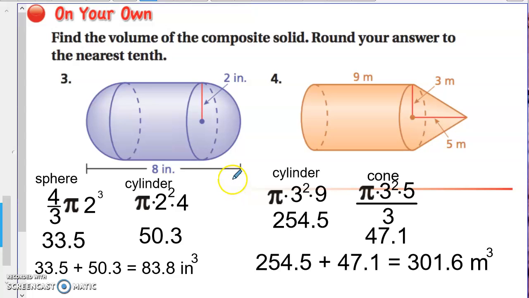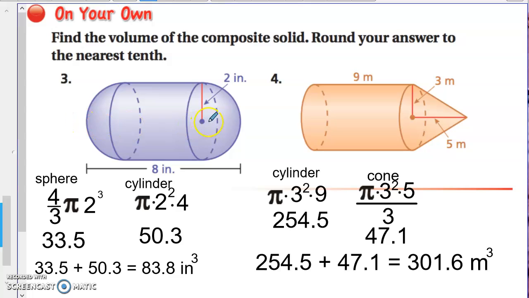All right, to check those two composite solids, first thing I found was the sphere, because this hemisphere plus this hemisphere goes together to make a sphere. So that's 4/3 times pi times 2 to the third power, and that answer is approximately 33.5 rounded to the nearest tenth. Now the cylinder is a little bit tricky. A lot of times you think that that has a height of 8, but it doesn't.